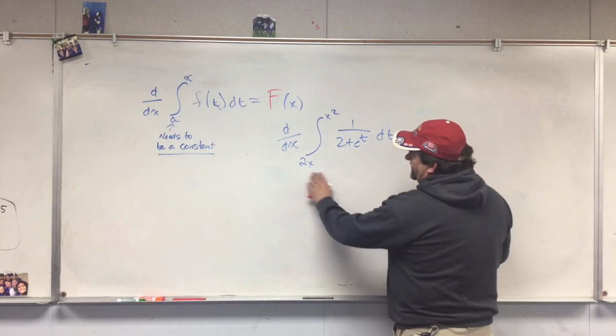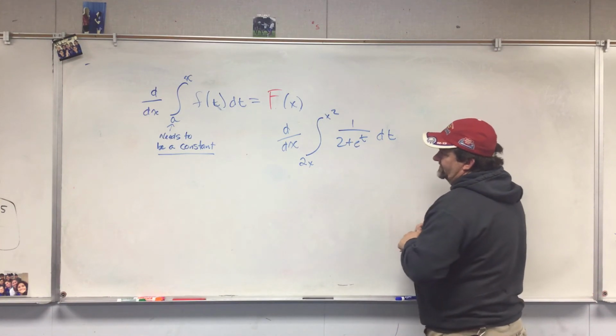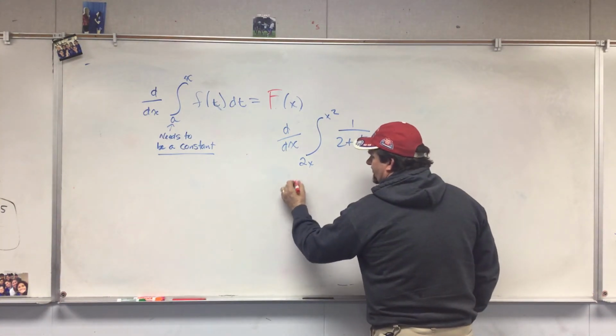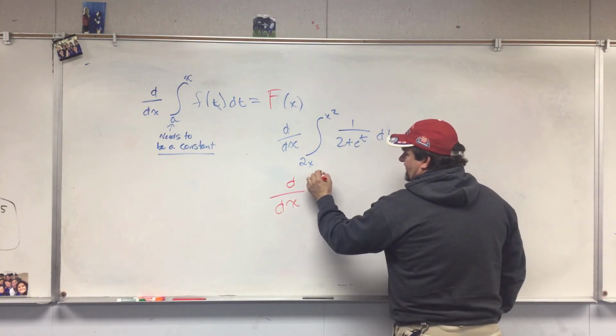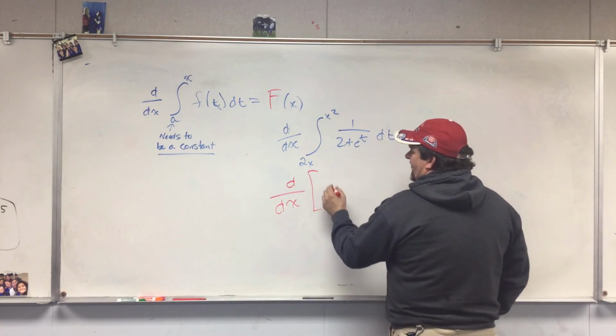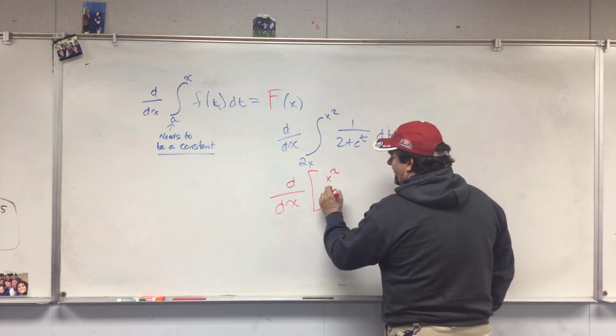Well, remember that this can be broken up into two pieces. You have an upper boundary and a lower boundary. So technically, you can do this and say, I'm going to go from 0 to x squared, because we don't know where it's at, right?